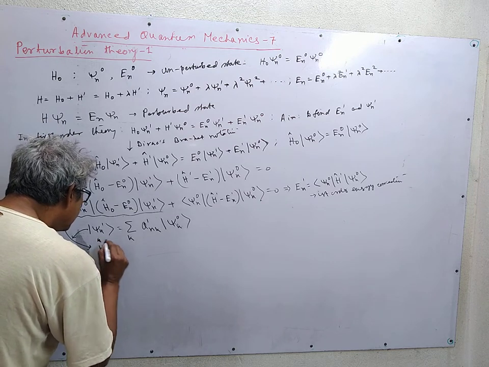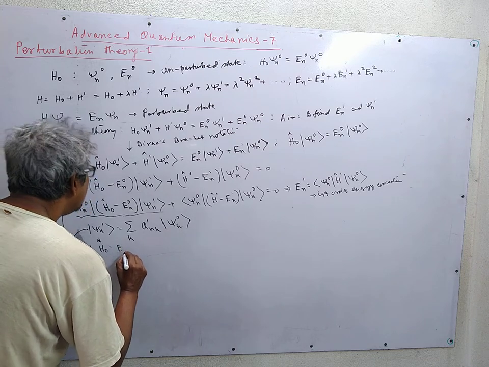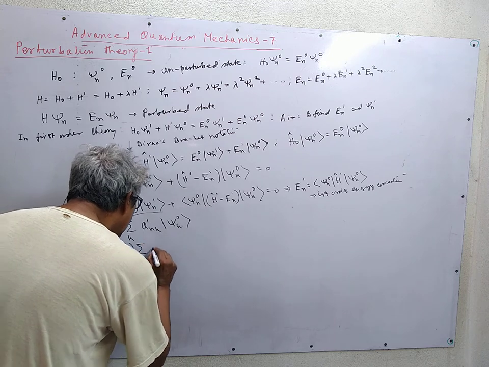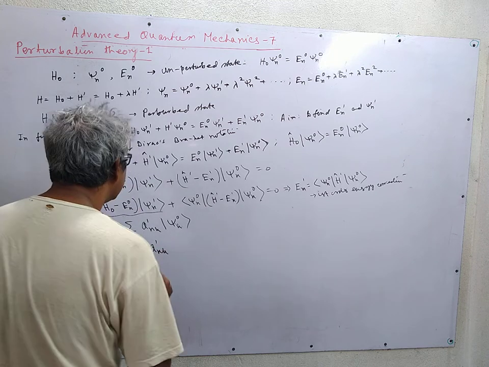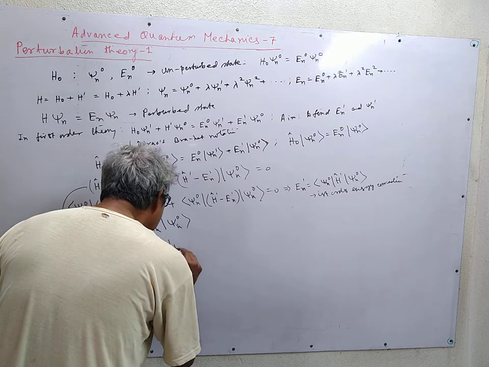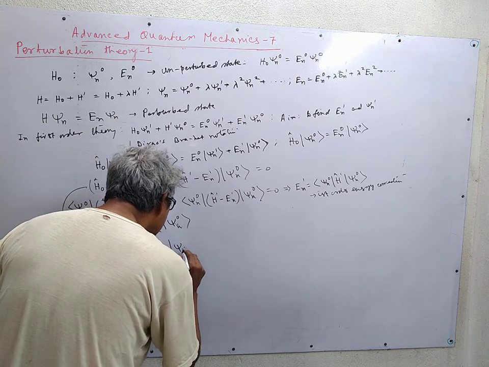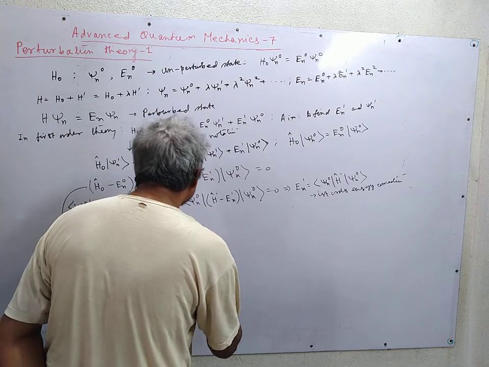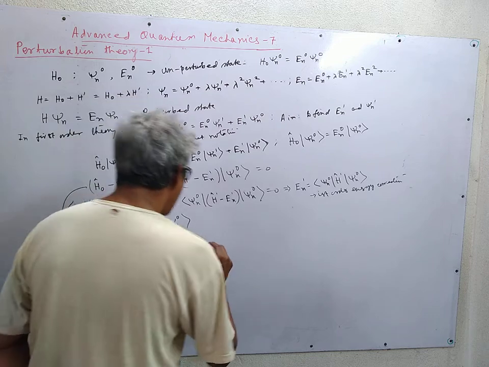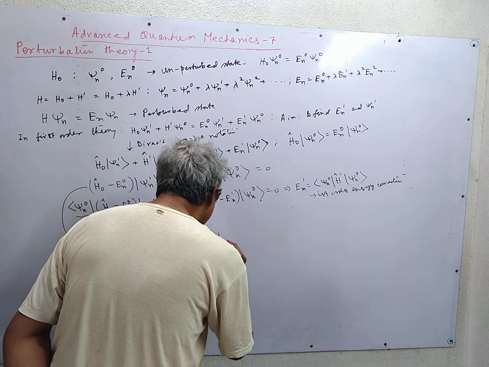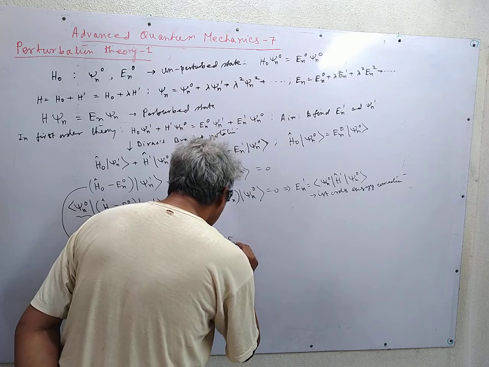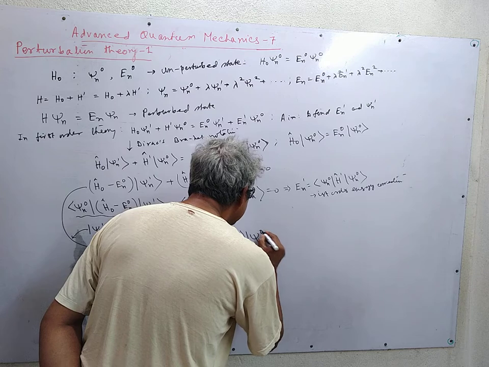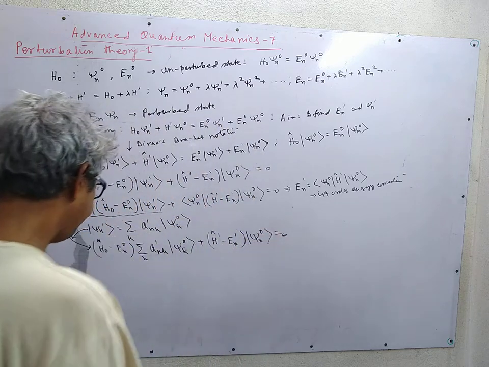When we use this, we get H0 minus En0, summation over k ANK1 psi k0, plus H prime minus En1, which is known to us, psi n0 is equal to 0.